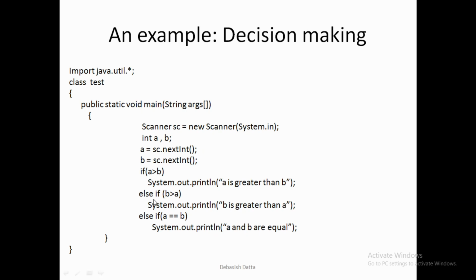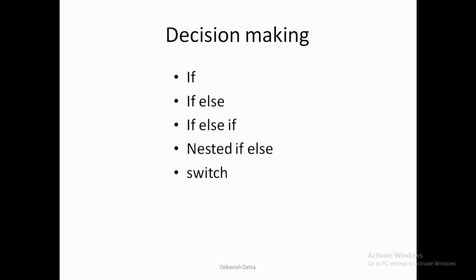Among these three available options, only the option which belongs to the true decision will be executed. This is how the decision making mechanism works in Java. In a later section, I'll discuss the nested if else and the switch structure decision making syntaxes.